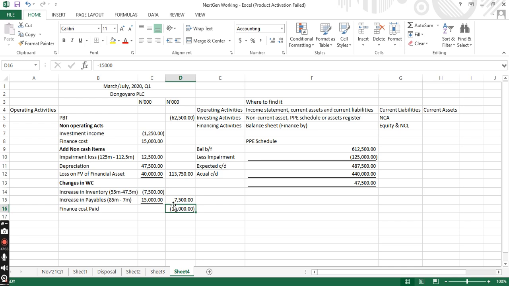Now, the answer is that whatever you want to do, your net profit should be profit before interest and tax. Profit before interest and tax is what you should have. So ordinarily, if you see a question that has profit before interest and tax, that is what you should go for. Okay, now let's go for our tax paid.